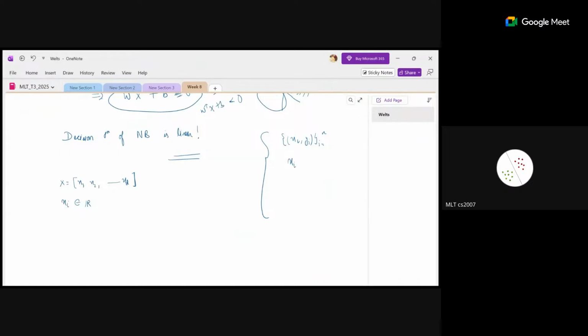Since it is regression, your yi can take any value in R. Since we are talking about linear regression, I'm going to look at the linear subspaces. This is a set of lines. W transpose X is a set of lines.